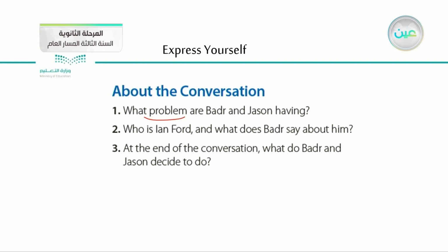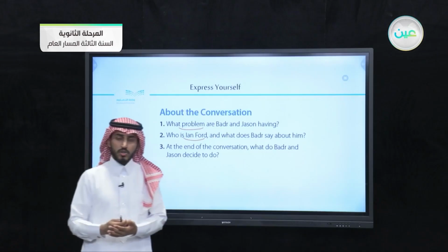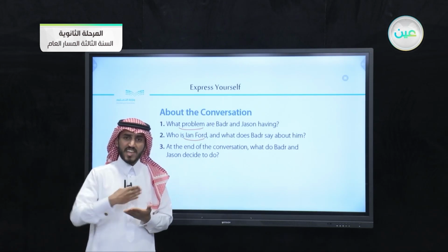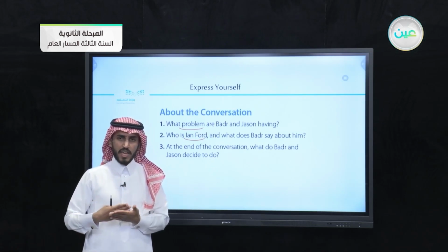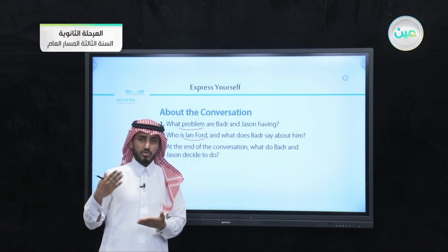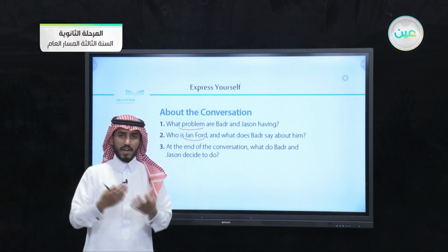After that, number two, who is Ian Ford? And what does Badr say about him? Okay, now we have here a name. So what should we do? We should go back to the conversation, scan to find the name. Once we find the name, we try to do what we are asked to do.